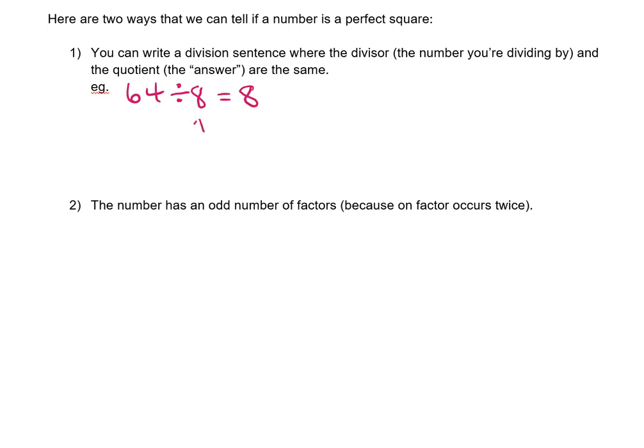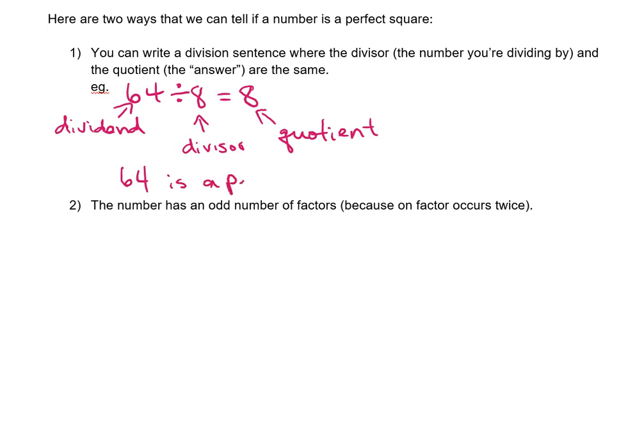This is my divisor. This is my quotient. And just because I'm naming things, may as well name this one too. This is the dividend. So if I can write 64 divided by 8, and it equals 8, so the divisor and the quotient are the same thing, 64 is a perfect square.